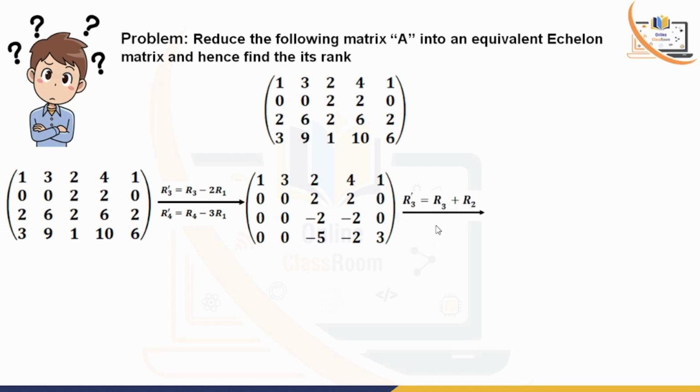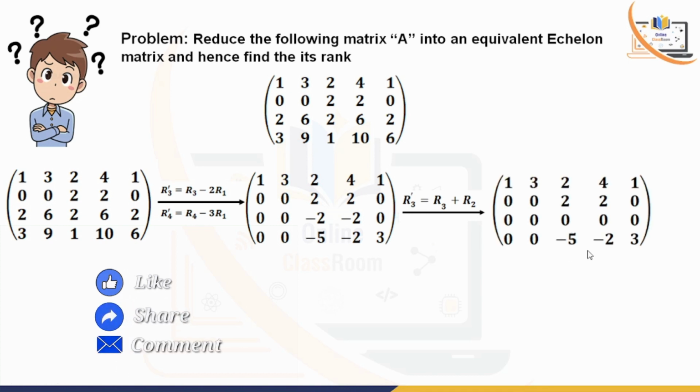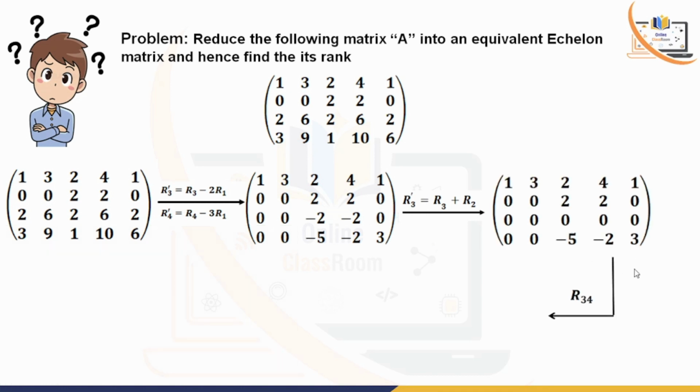So we perform the operations and ultimately we get the corresponding matrix. Now we can also interchange the third row and fourth row, because after performing R3 plus R2, we get a 0 row in the third position and the fourth row is unchanged. That's why we just interchange those two rows.